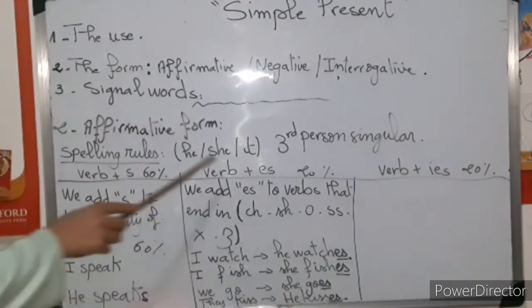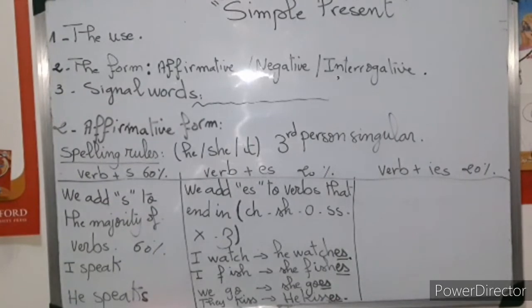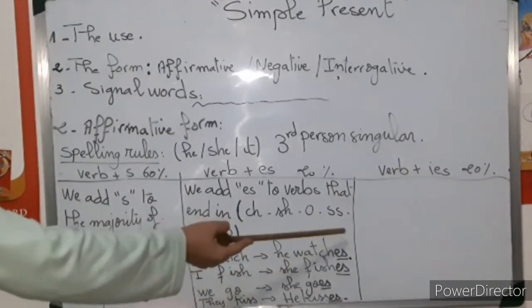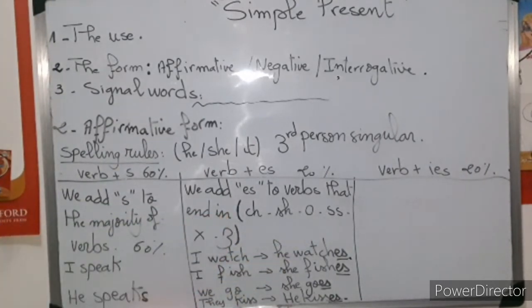Why do we have to add ES, not S? Because you can't find a word that finishes with 3 S's. Okay, double S, it's okay, but 3 S's we can't find a word that finishes with this, or XS. Okay, so that's how we can explain that.